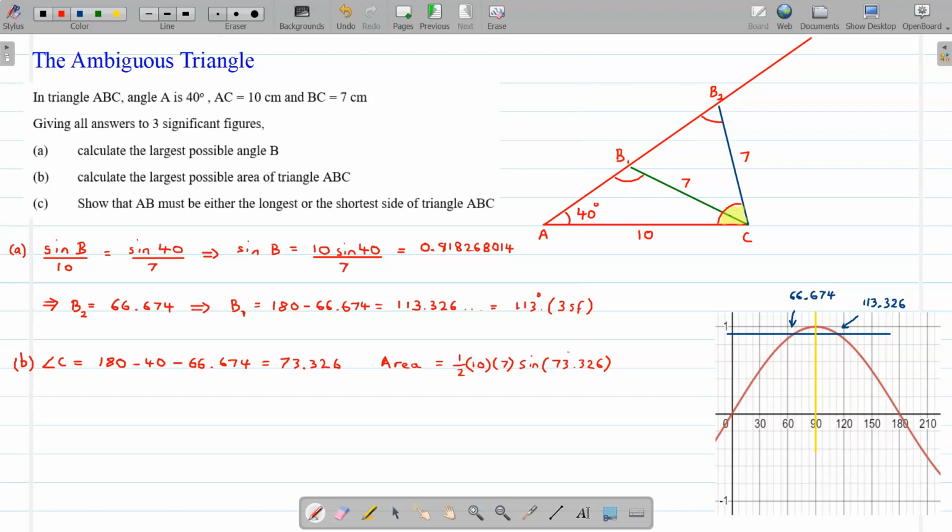And it comes to 0.5 times 70, which is 35, times the sine of the angle I've just given, which is 73.326, to 5 significant figures, and that comes to 33.528.